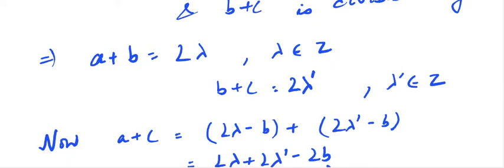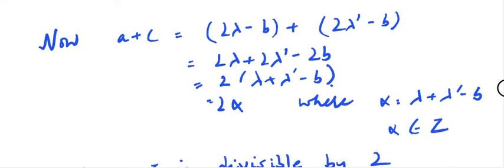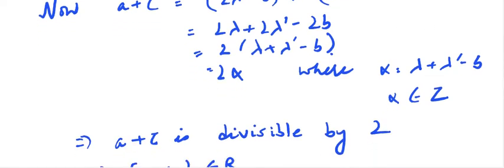Now when we simplify it, we get 2 lambda plus 2 lambda dash minus 2b. Take 2 common. Inside I will get lambda plus lambda dash minus b. I can assume lambda plus lambda dash minus b as alpha. So it becomes 2 alpha. a plus c is equal to 2 alpha, alpha belongs to Z. This implies a plus c is divisible by 2.